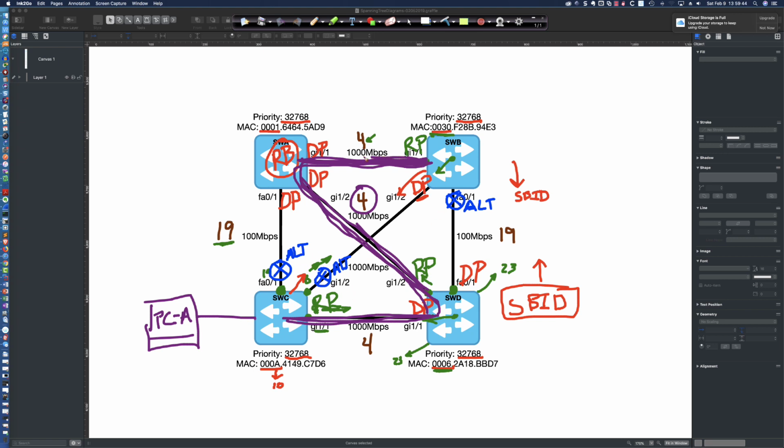Well, again, look at this purple line that we've got going on here. This is the active flow of traffic in this environment. That is how traffic is going to flow from PCA here. If it's hanging off of switch C, what if your router is over here on switch B?